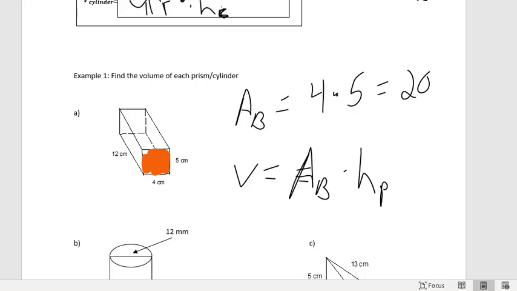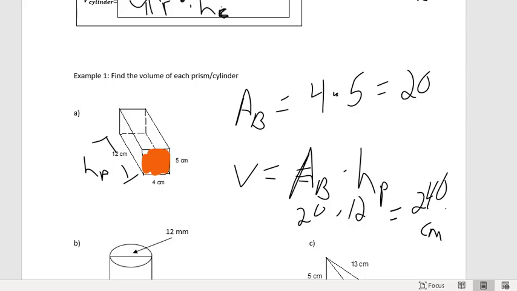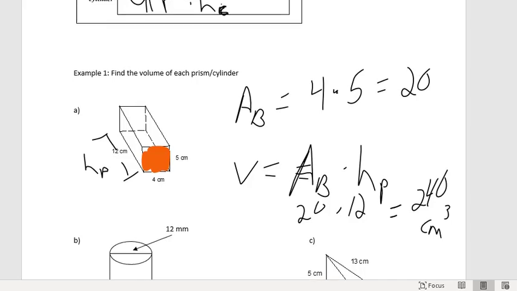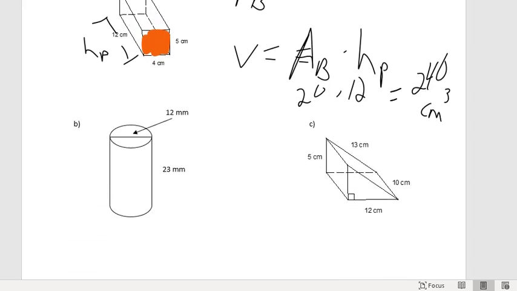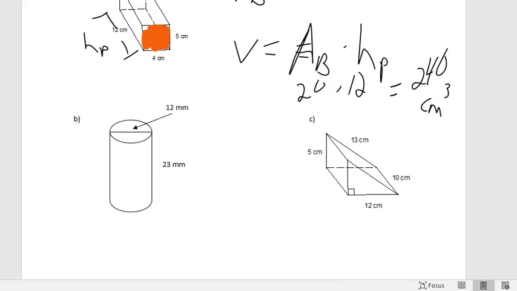The height of the prism is 12. So 20 times 12 equals 240. And don't forget units, it's centimeters, so our units at the end are centimeters cubed. All right, all volume should be in cubic units, so just keep that in mind.